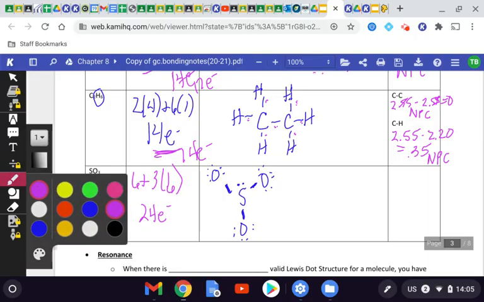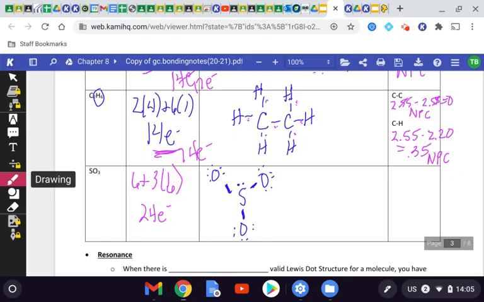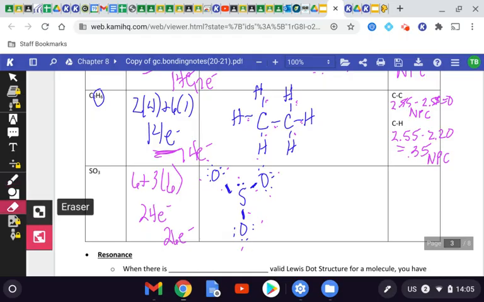And then I count the number of electrons in my structure. 2, 4, 6, 8, 10, 12, 14, 16, 18, 20, 22, 24, 26. 26 is too many, which means I'm going to have to go in and erase a lone pair then.